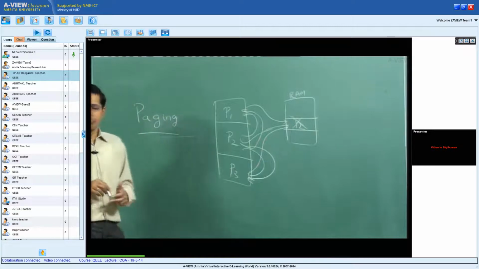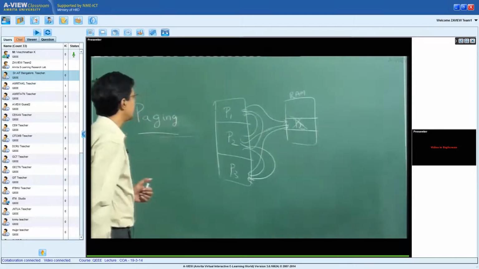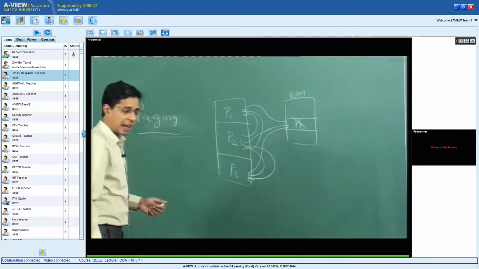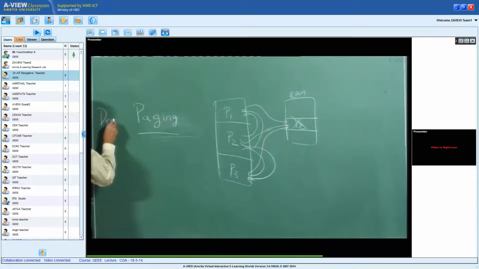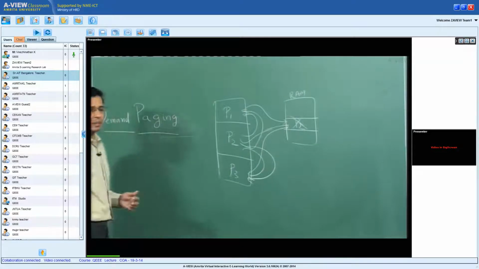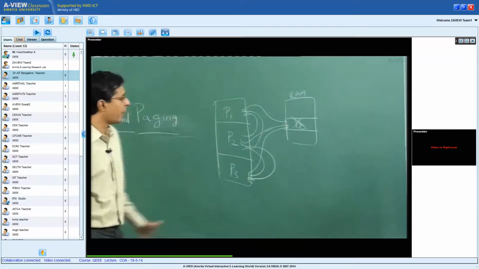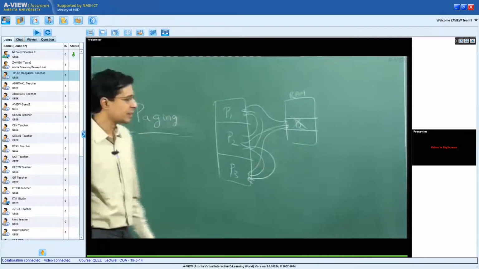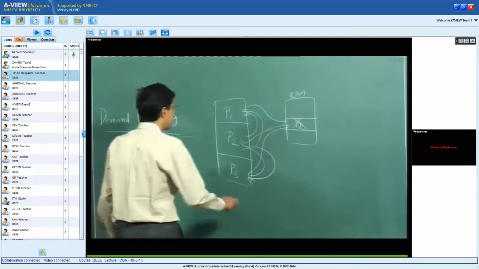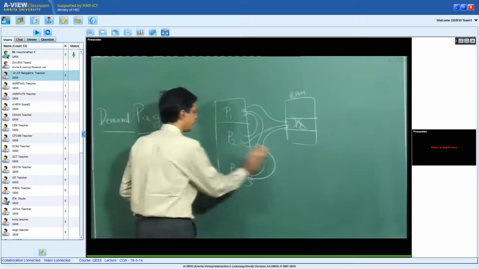So in the remaining part of this class, I will explain paging. I will actually explain something called demand paging, in a little more detail, so that it becomes clear to you how virtual memories are implemented in modern architecture.